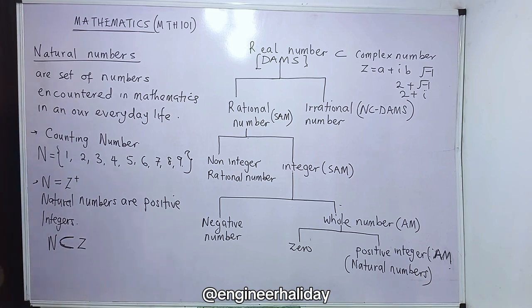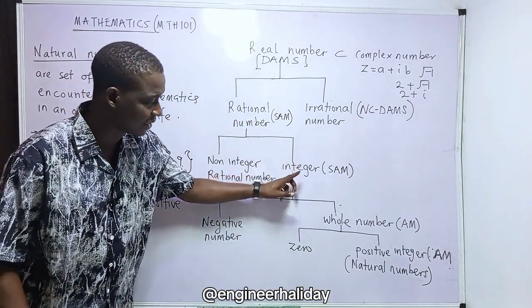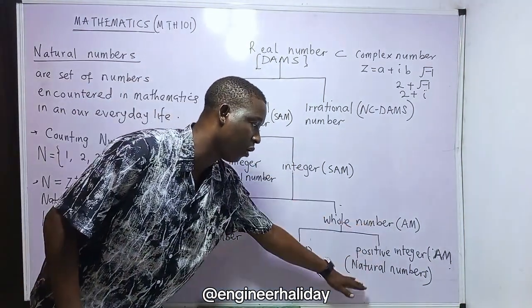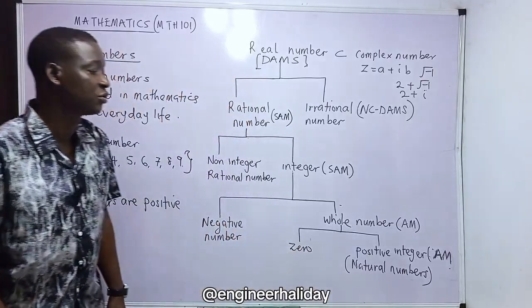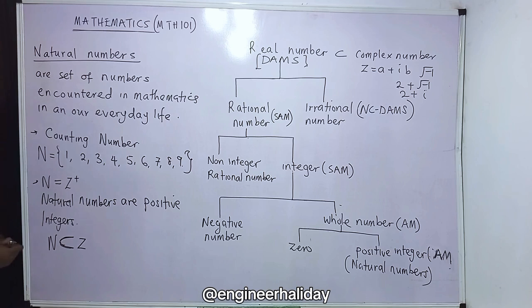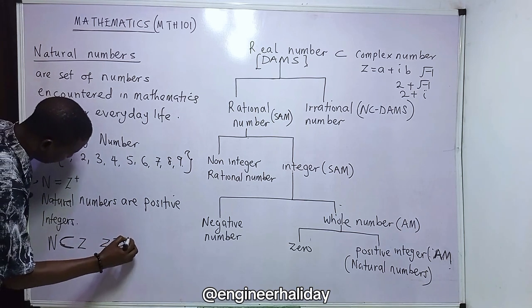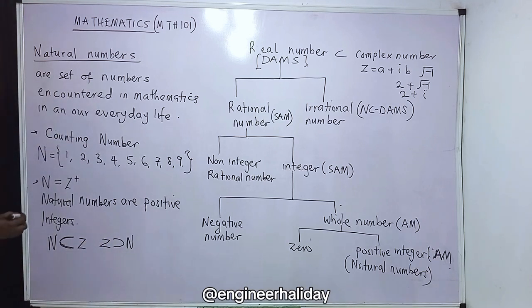That means under integer, that's where you can find natural numbers. So natural number is a subset of integer, while integer is a superset of natural number. Take note of that terminology very well.